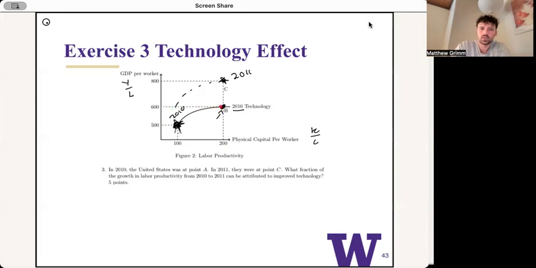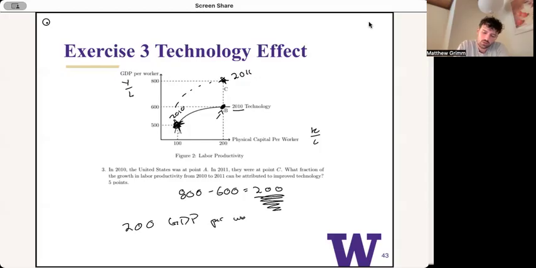But because technology increased, we are not at B, we are at C. So 800 minus 600, which is 200, is the growth in labor productivity that is improved technology. So this growth of 200 GDP per worker is the answer that we're looking for.